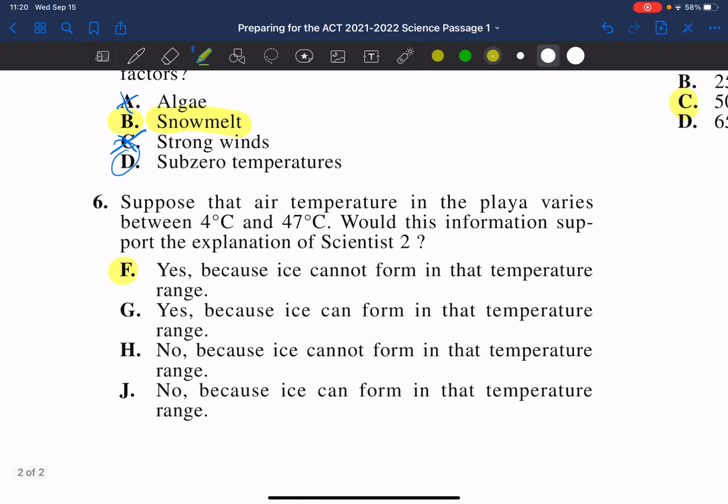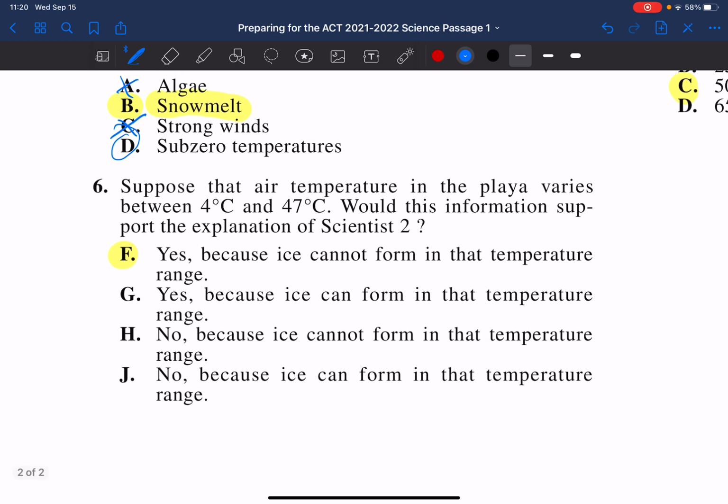Number 6. This one says, suppose the air temperature varies between 4 degrees Celsius and 47 degrees Celsius. So here's one thing where you have to know a little bit of outside knowledge. And that is, 0 degrees Celsius is the freezing point of water.